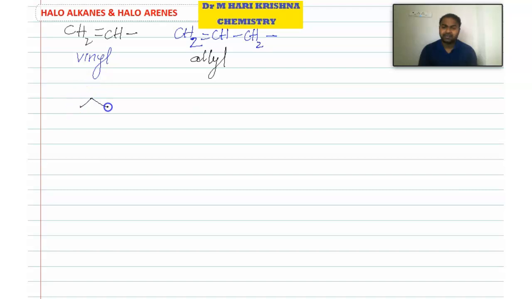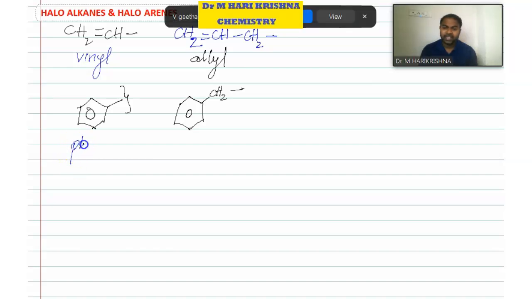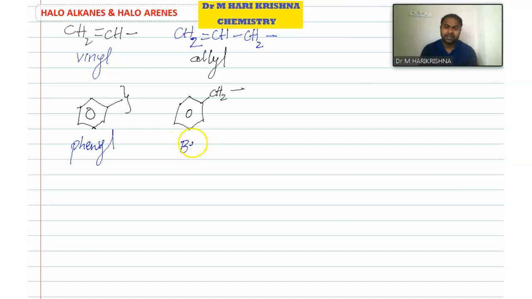Then next, this is a benzene ring, students. Here some group is attached. So here I am writing these names. This is phenyl. This is benzyl group. Suppose here chlorine is there: phenyl chloride.